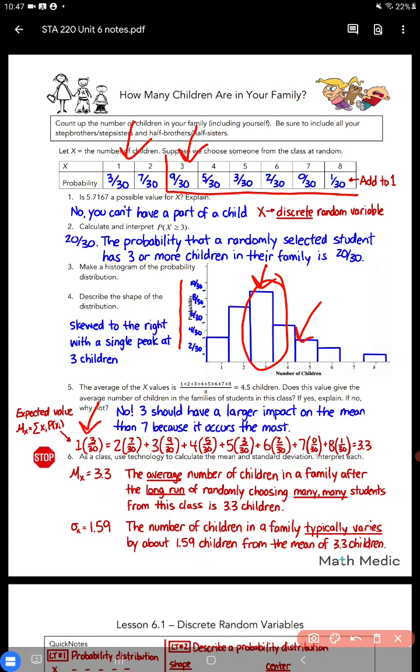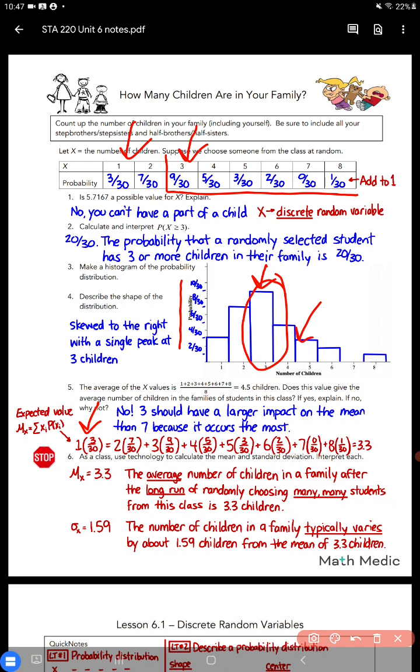We take each value times the odds that it happens, and then we add that together. So we're not just adding 1 plus 2 plus 3 plus 4 all the way through 8. We're doing 1 times 3 over 30 and then adding that to 2 times 7 over 30 and so on. Okay, all the way down the line.